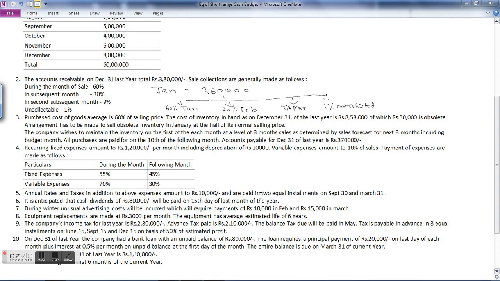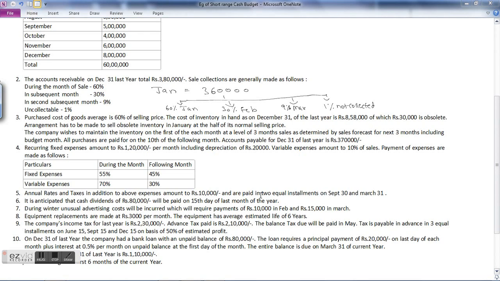We need to calculate the inventory that is required to be maintained first, then reduce the opening stock of inventory that is there, and then find the total purchases for that month, and accordingly calculate the accounts payable. And this accounts payable, whatever is the balance, will be paid on the 10th of the next month.